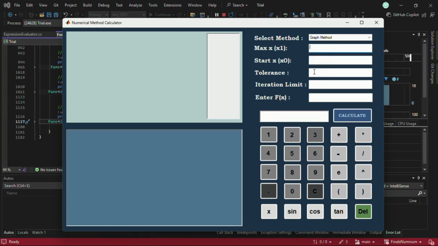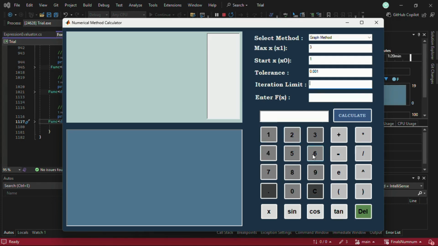So we will end at 3 and start with 0. The tolerance is 0.001.